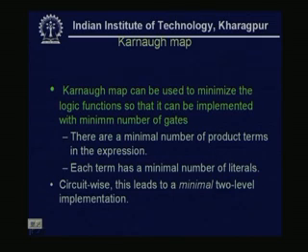It is a graphical representation of Boolean expressions in some standard forms, either a sum of min terms or a product of max terms, because a product of max terms can also be represented by a sum of min terms. Then, if we represent it graphically, there is some rule by which we can simplify the expression with a minimum number of literals and operators, so that the function can be realized with a minimum number of gates.